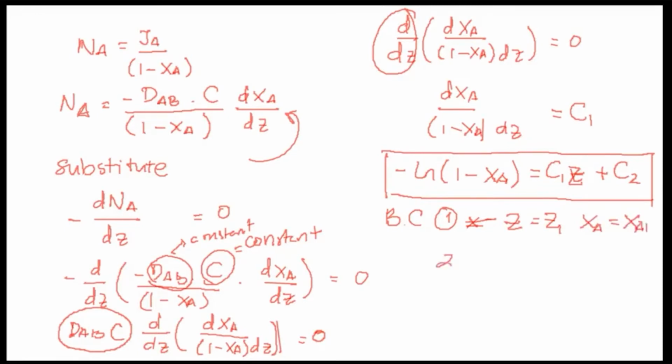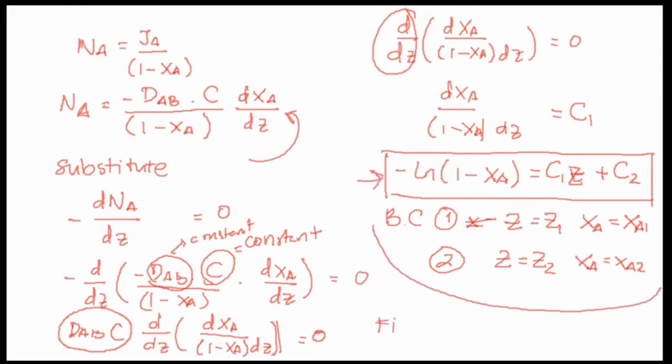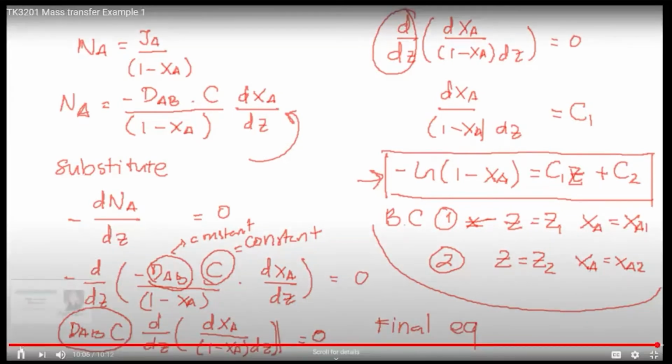The second boundary condition is at z equal to z2, xA is xA2. Okay, now using these boundary conditions, you can solve this equation and get the final equation to determine the xA profile over z. That's all for now. Thank you and see you in the next video.